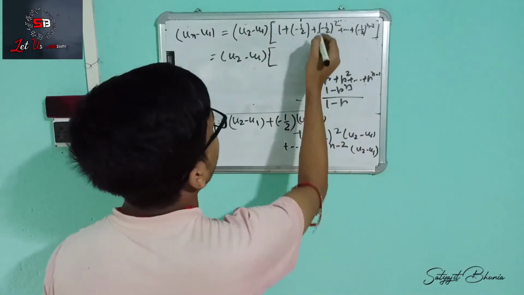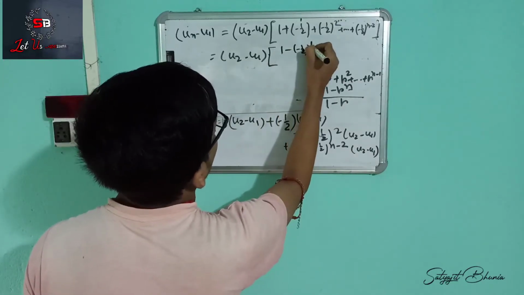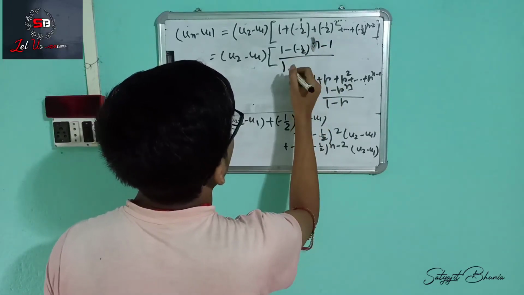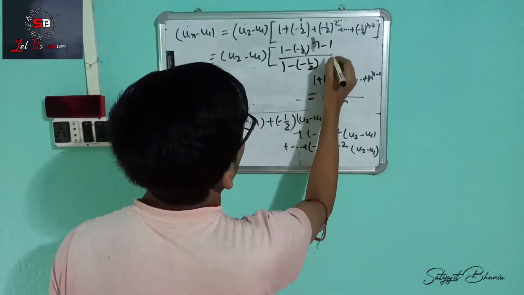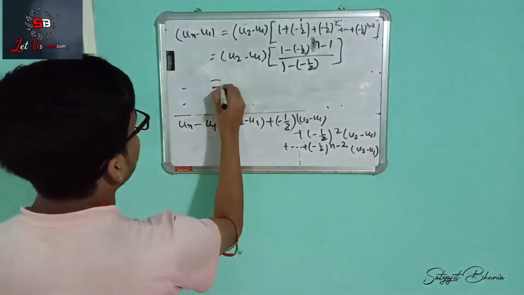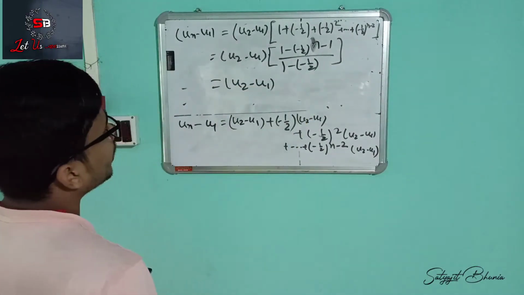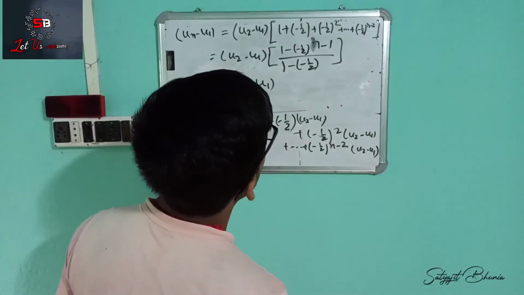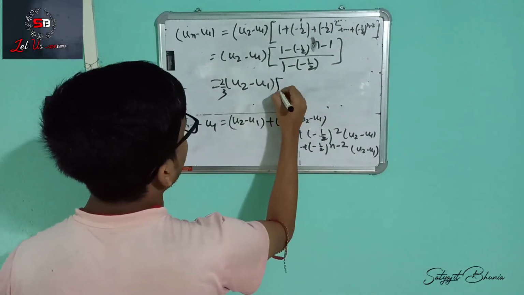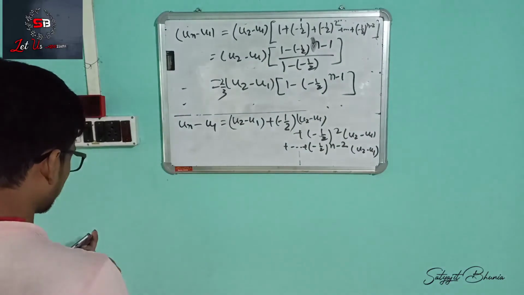So it is (u_2 minus u_1) times (1 minus r to the power n minus 1) by (1 minus minus half). The denominator will be 3 by 2, so that will be 2 by 3 times (1 minus (minus half) to the power n minus 1).